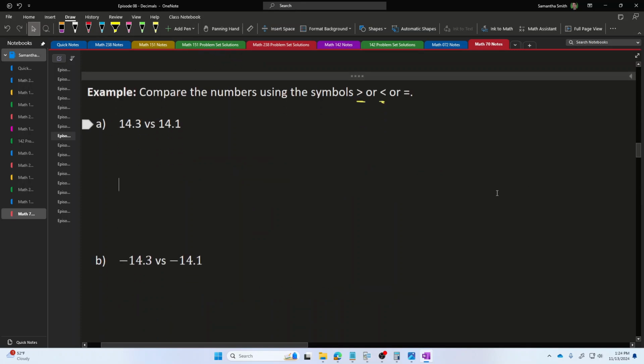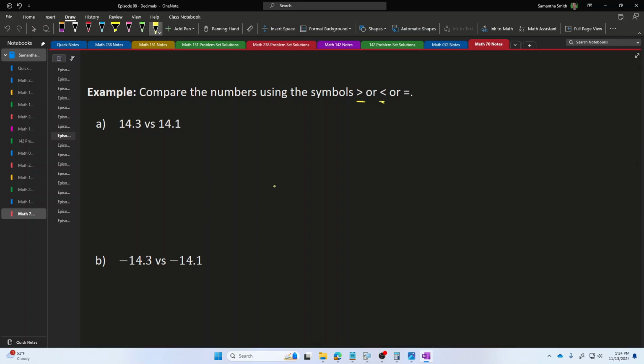Now, let's talk about how we compare decimal numbers in the case that maybe one of those numbers is negative. So first of all, if someone asked me to compare the numbers 14.3 versus 14.1, then in this situation, I could just line up the two numbers so that the decimal points were in the same position, and then I could compare the digits one by one, going from the left to the right.